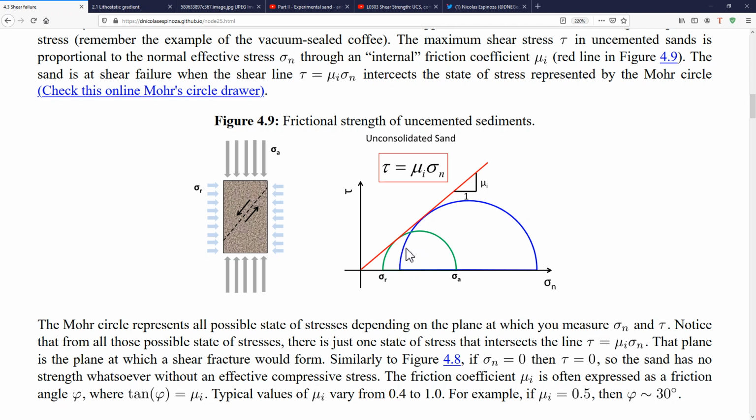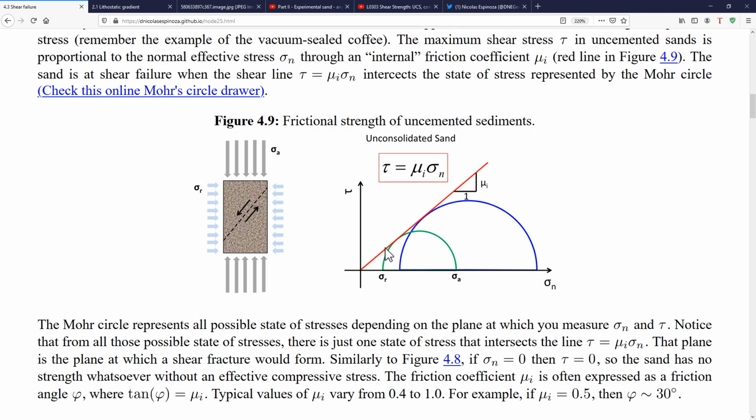And in this case, this green circle for this given radial stress is going to tell me what is the maximum possible diameter of the circle for this given radial stress. And hopefully you can also notice that the higher the radial stress, or the higher the confining stress on this sediment, the higher the axial stress is going to be.